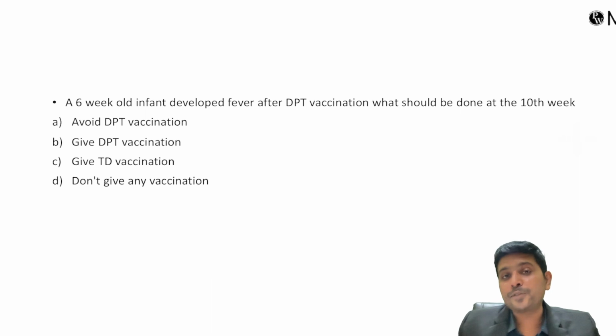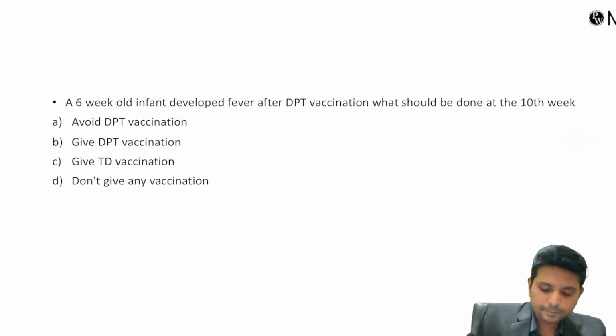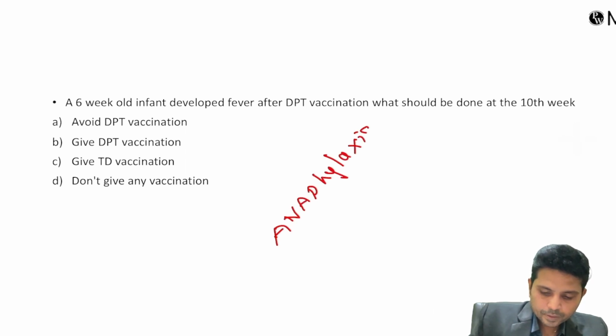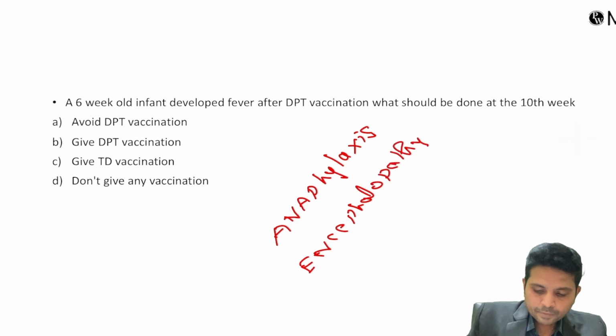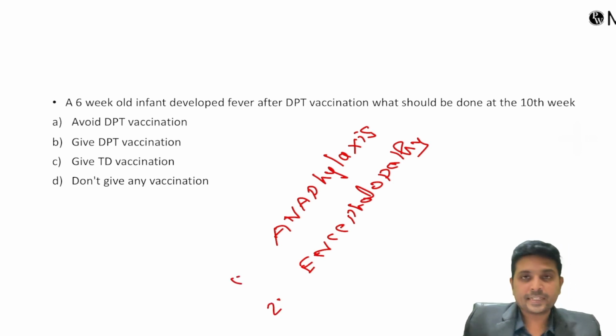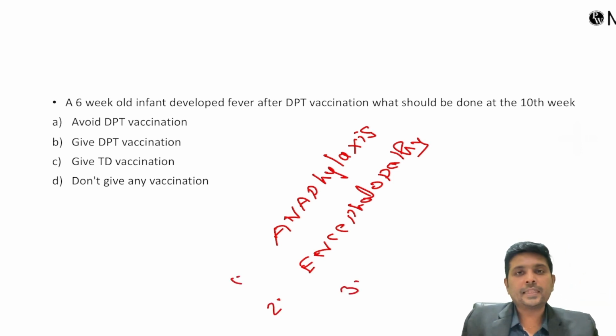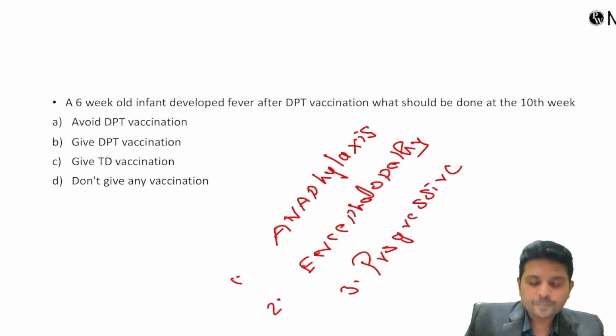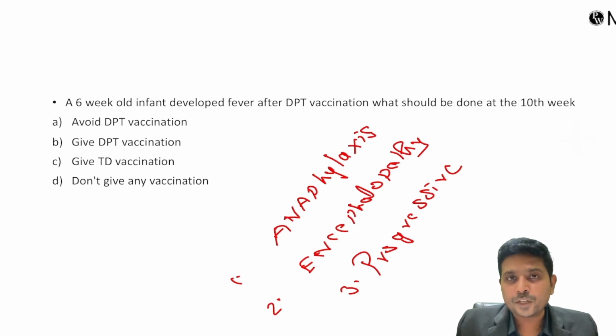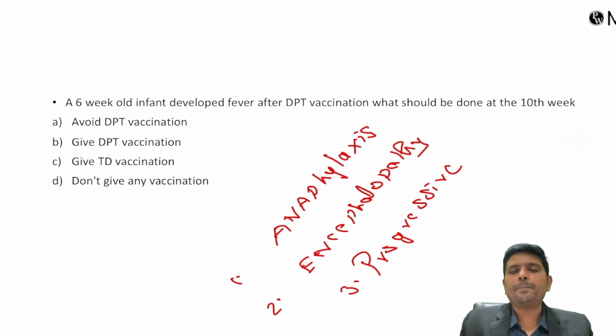I repeat, the absolute contraindications for the pertussis component of DPT vaccination are: one is anaphylaxis, second is encephalopathy within 7 days of giving vaccination, third is progressive neurological illness. These are all the absolute contraindications for DPT vaccination.